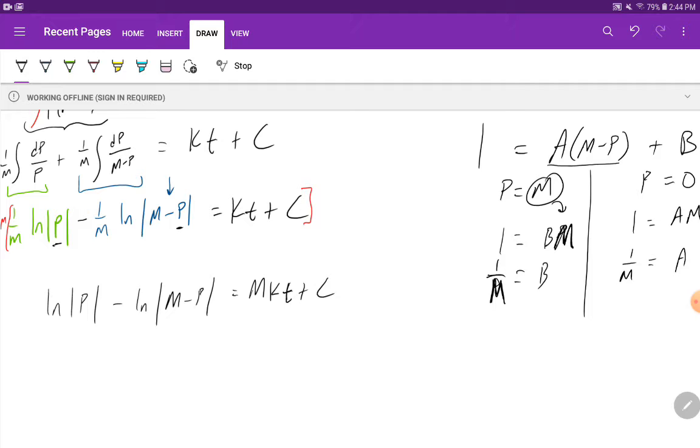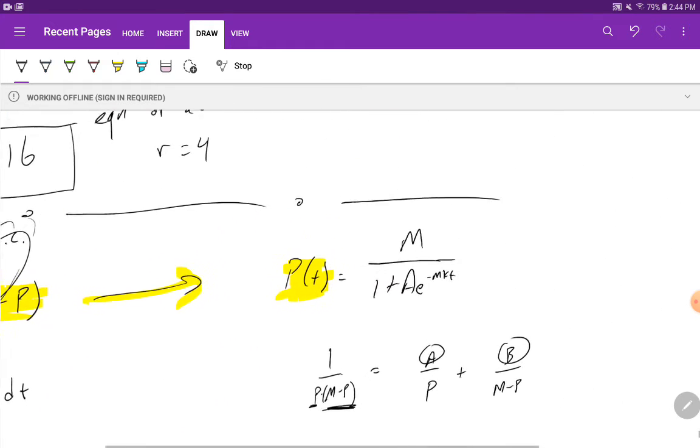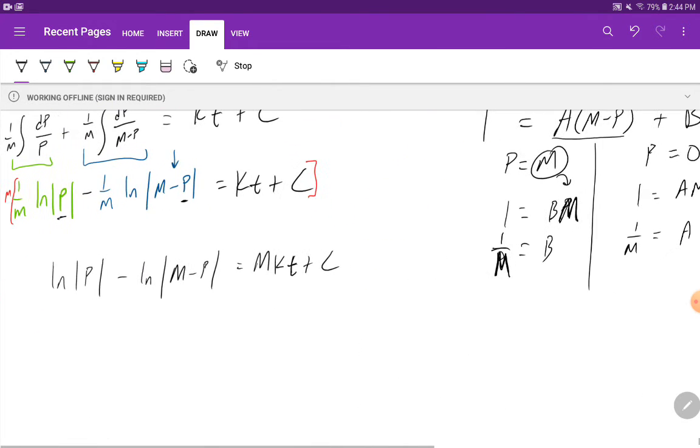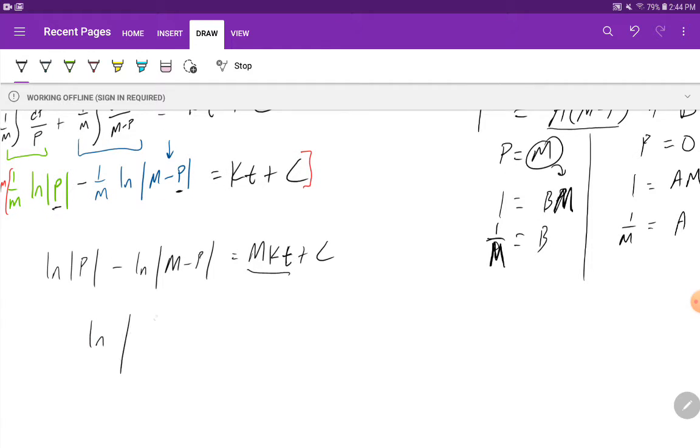So I'm going to get mkt plus c, and hopefully you see that's where that mkt comes from. On the left side, we're going to use log rules. If you don't remember, look it up, because they are very important. We're going to combine the left side into one log and get p over m minus p, absolute value, yada yada yada.